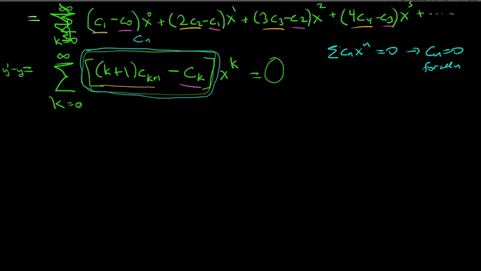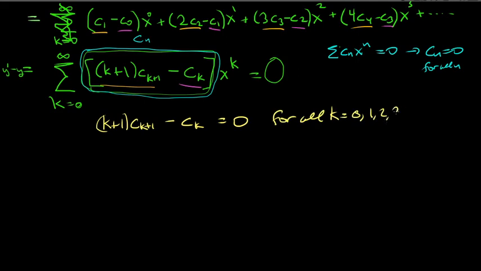So let's see what happens if we set this, k plus 1 times ck plus 1, minus ck, equal to 0, for all k. Well, remember, k starts at 0, so 0, 1, 2, 3, and so on. So for non-negative integers k.